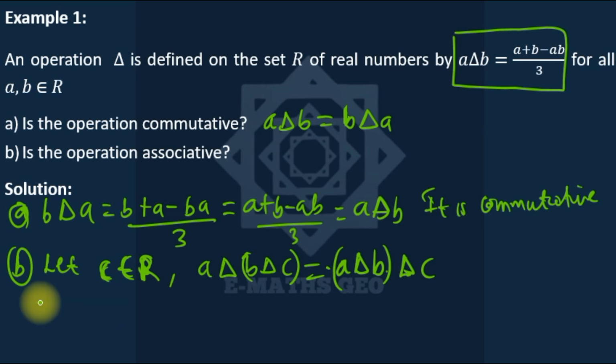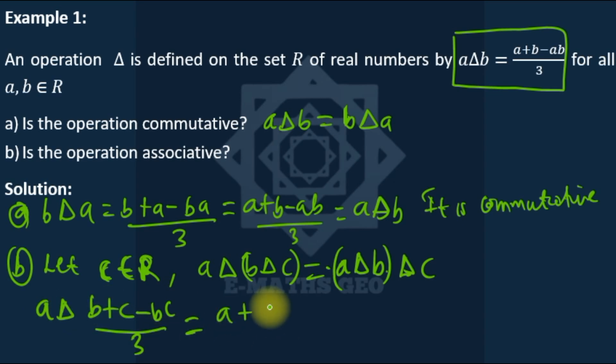First we have b triangle c, which is b plus c minus bc over 3. I'm solving the left hand side. This is now one term. So a triangle this is a plus b plus c minus bc over 3.